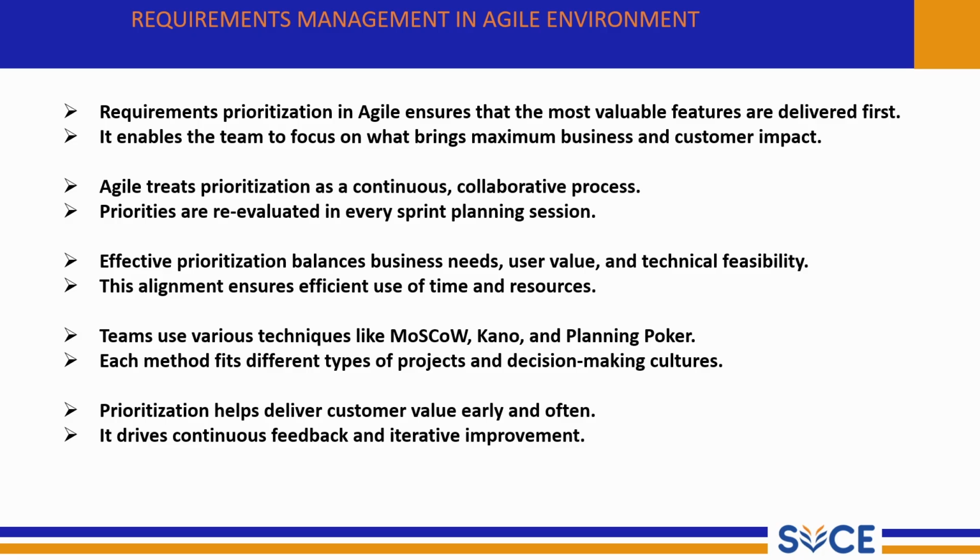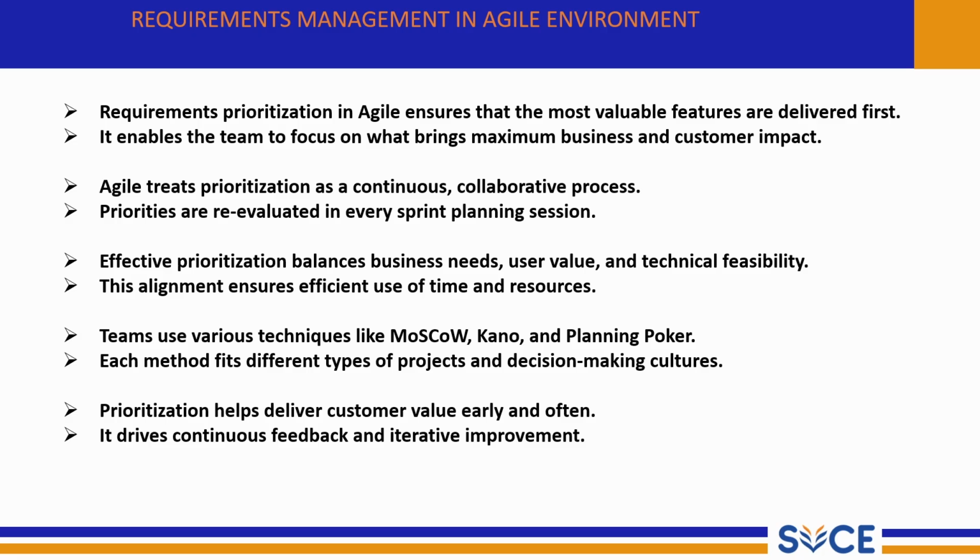Priorities are re-evaluated in every sprint planning session. At the beginning of every sprint, the team reviews and updates the priority. If business needs have changed, the backlog is reorganized. This gives the flexibility to handle new ideas and changing market demands.